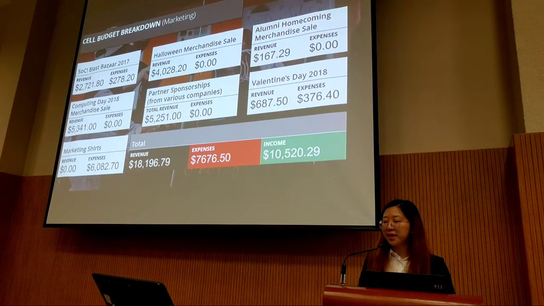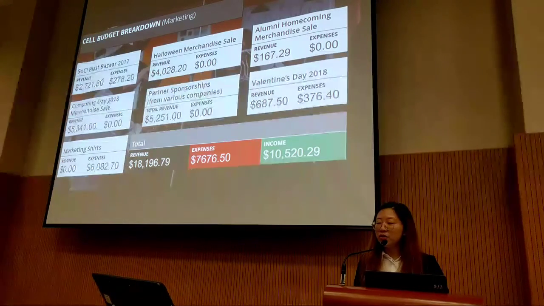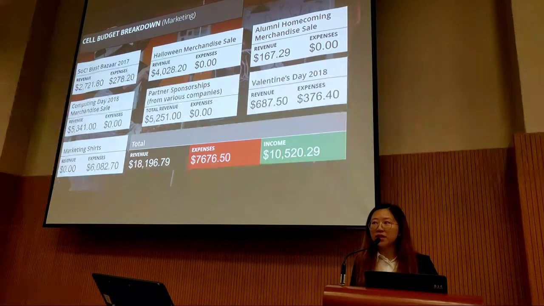The expenses made were $278.80, and the revenue was $2,721, mainly due to the vendors that participated in our bazaar.